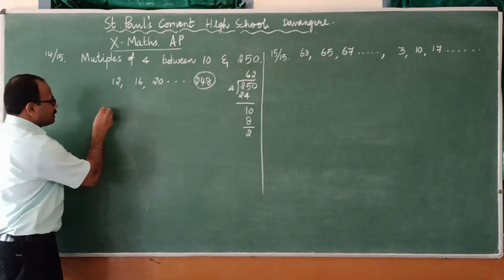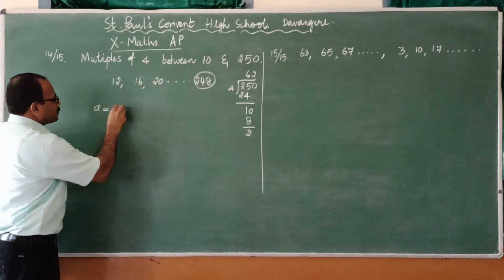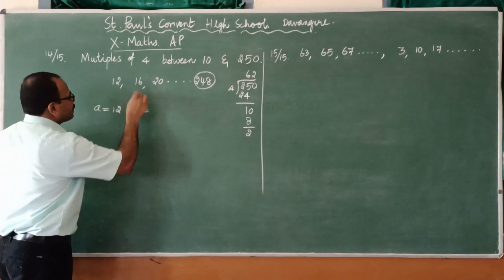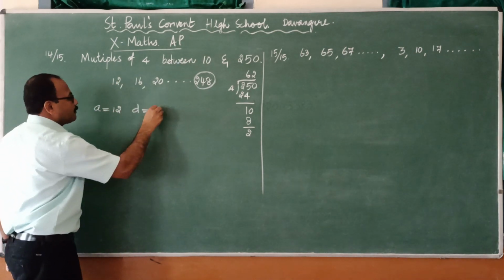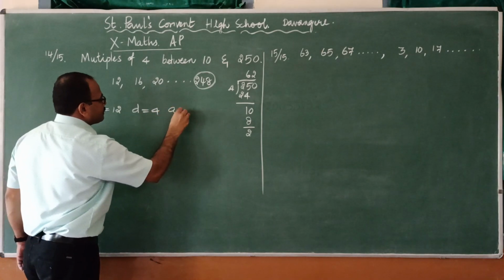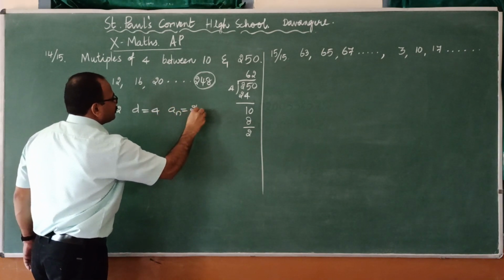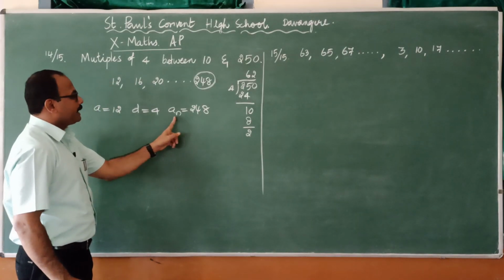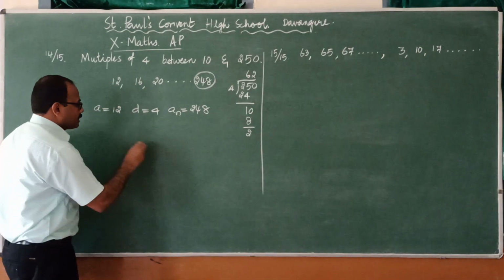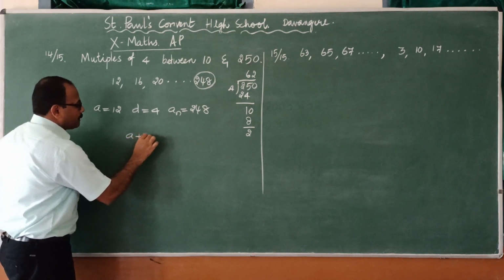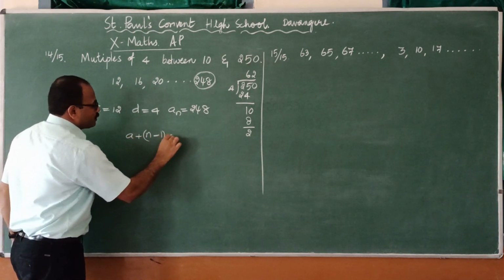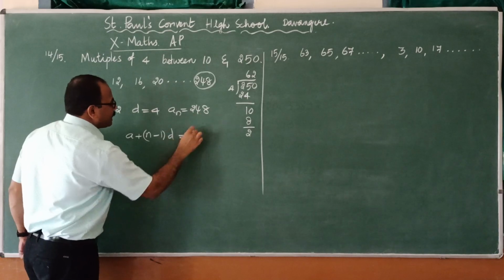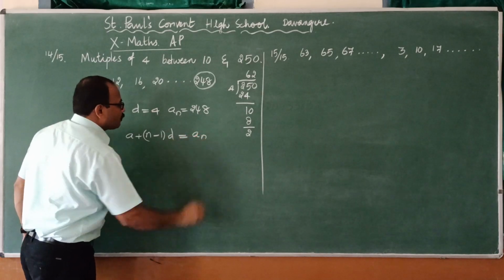Then, as usual, children, we know that a is equal to 12, d is equal to 16 minus 12, which becomes 4. The last term is 248. Let's use this formula and find the number of terms, children. We know that a plus n minus 1 into d is equal to a_n, that is 248.